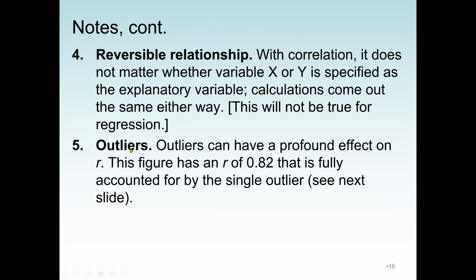Outliers are very important. Outliers can have a profound effect on R. Actually, the reason we get 0.737 is because we have an outlier. If there was no outlier and all the data were very close, we should get closer to 1, or maybe 0.9 or 0.8. So the outlier can have an effect on the R value.